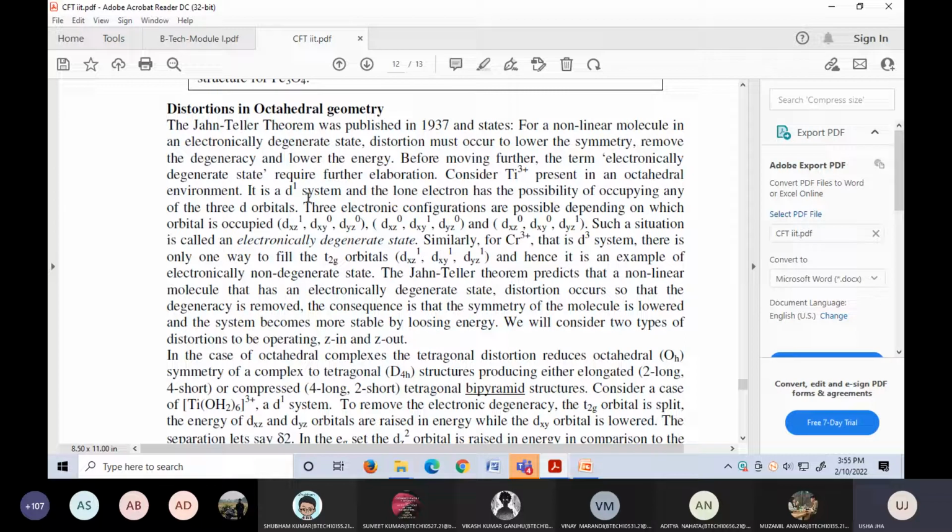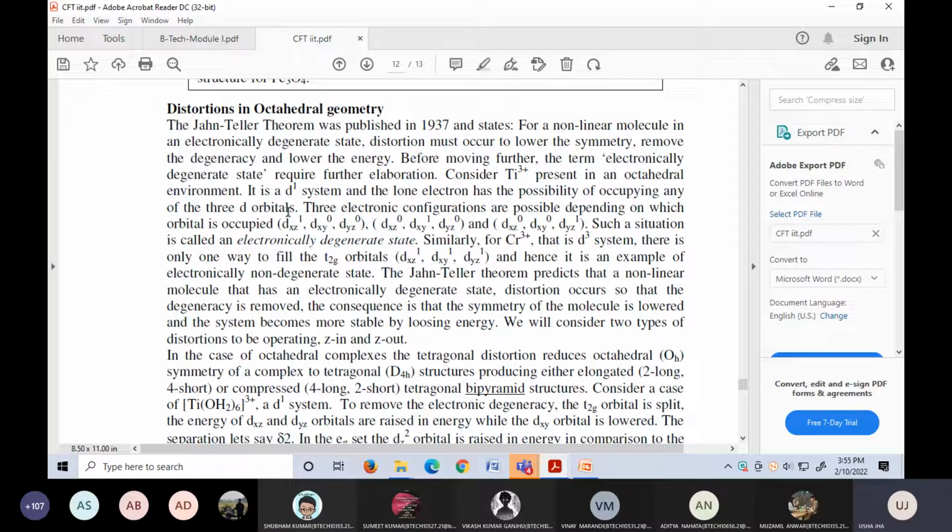The same thing will happen for a d2 ion system where you have two electrons. Suppose the electrons are here and here, then these two will come down and one will go up. Why will it be electronically degenerate?